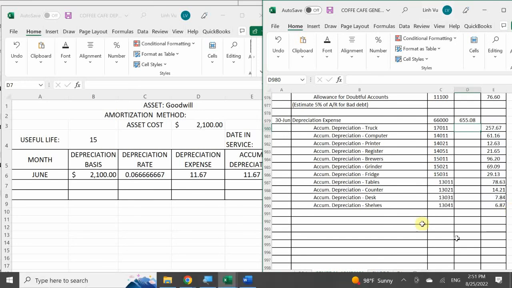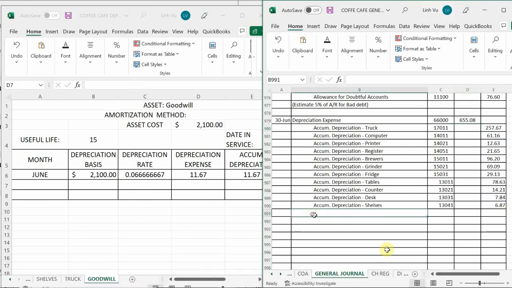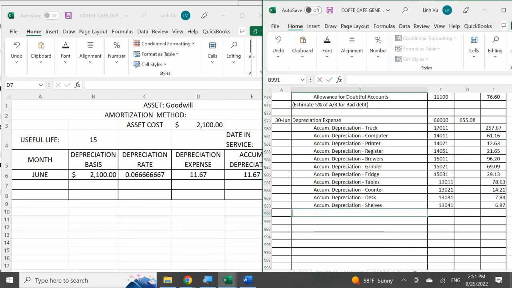Okay. And then the account number for the amortization, I can give that to you too.